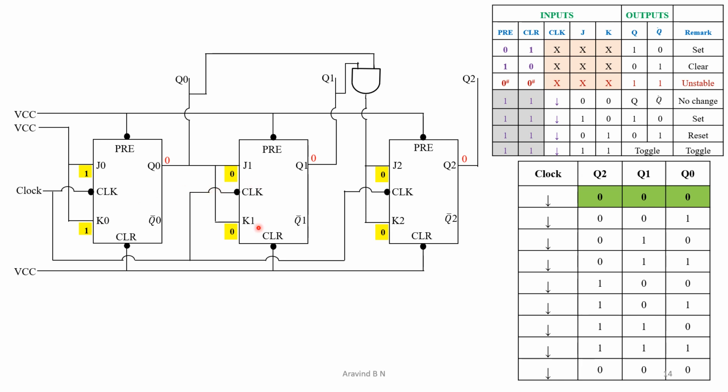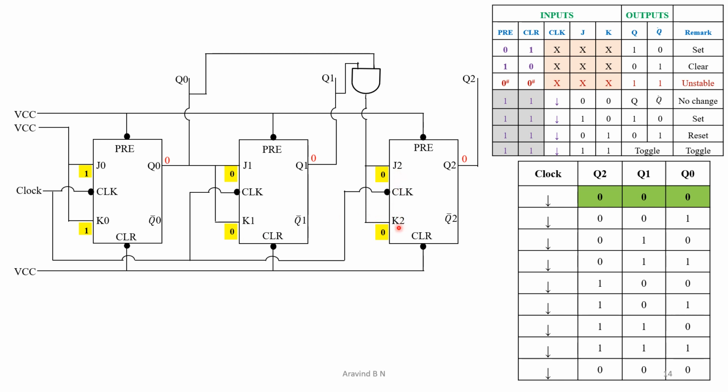Then what about J1 and K1? J1 and K1 are connected to Q0. As Q0 keeps changing, J1 and K1 will also keep changing. At present, Q0 is equal to 0, so the same value will also be available here. Therefore, J1 and K1 are also equal to 0. Now, what about J2 and K2?